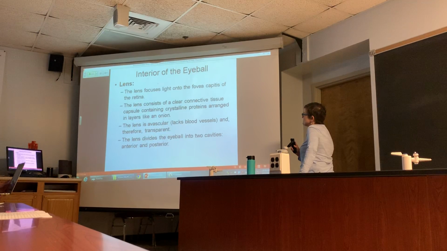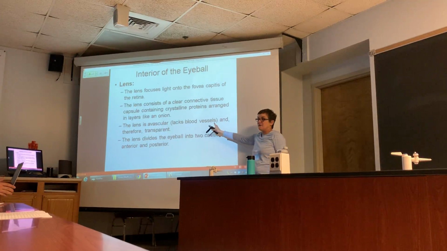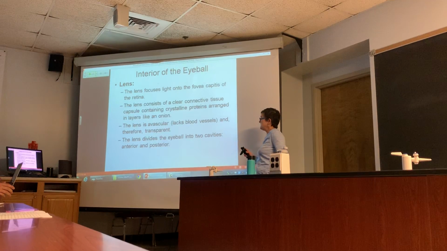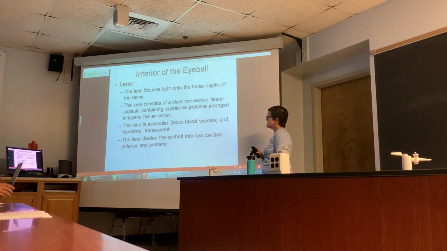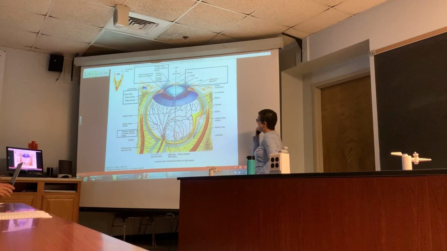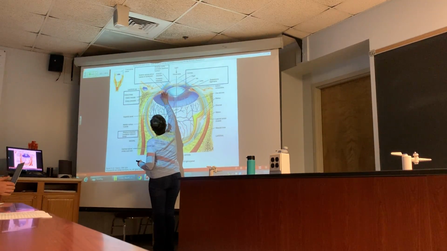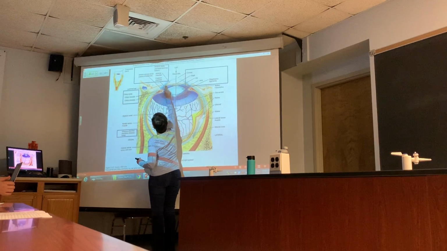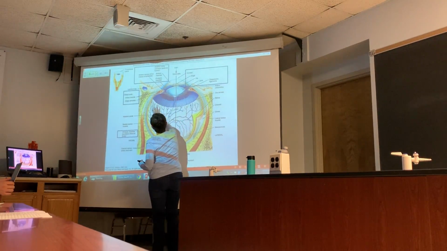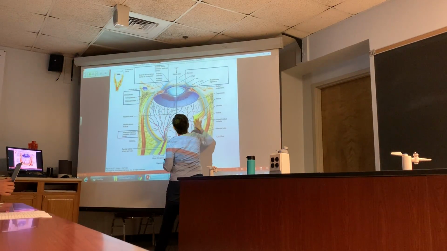But like I said, the lens is transparent also because it does not have blood vessels in it. No blood vessels in the lens. And the lens divides the eyeball into two cavities, the anterior and posterior. So the lens, everything next to and in front of the lens is the anterior cavity. The posterior cavity is here.